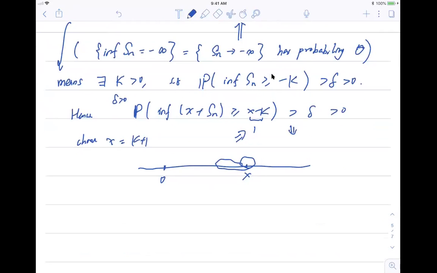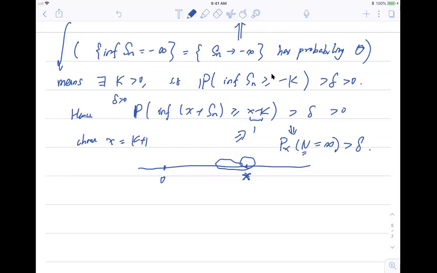So you have some probability that you never reach 0, so the stopping time equals infinity, with probability bigger than delta. In this state, you can never reach 0.